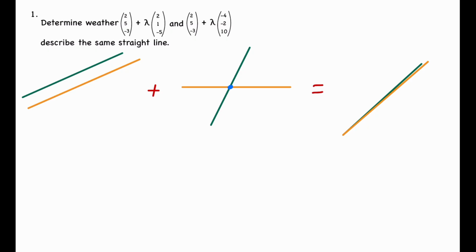So first, how do we check that they intersect? We can look at their position vectors, and if they're the same, then both lines have a point in common.